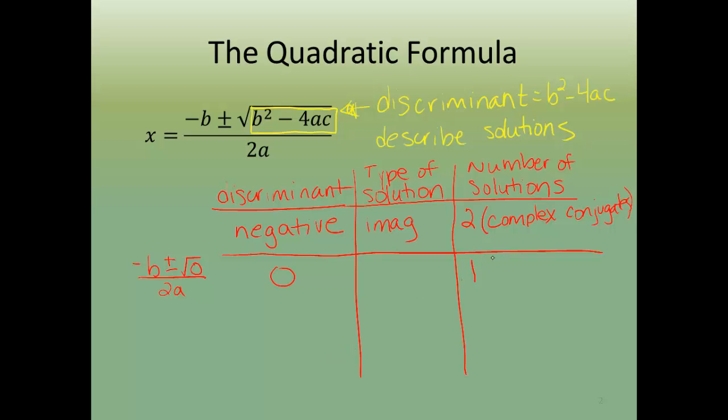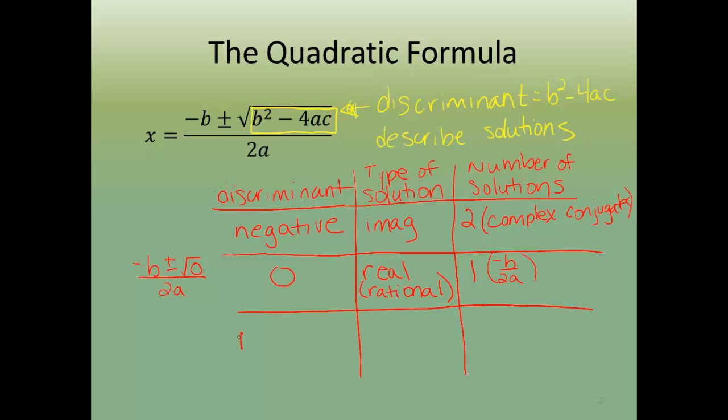That one solution will be a real solution, and better than real, it's also going to be a rational solution. That solution will be the opposite of b over 2a. It will be the vertex, and that tells me I have one x-intercept. It's the vertex, and it is on the x-axis.